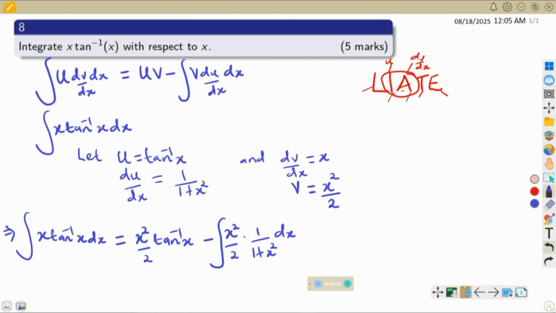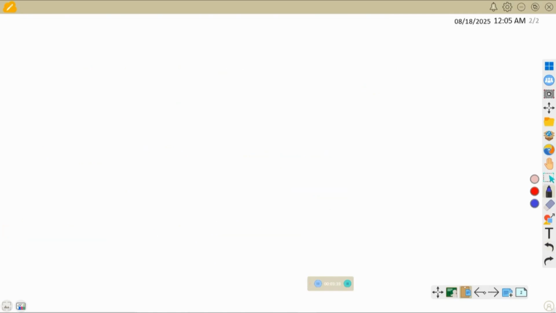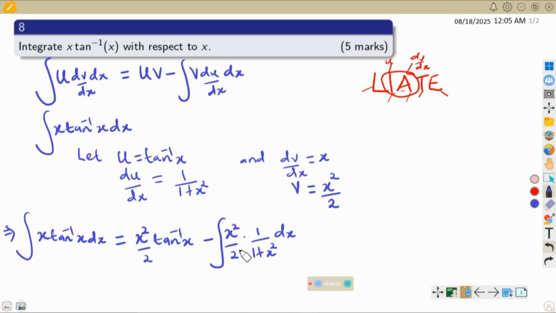So the integral of x tan inverse x dx is the same as x squared divided by 2 tan inverse x minus the integral of x squared over 2 times 1 divided by 1 plus x squared.